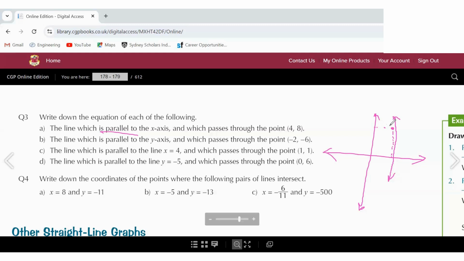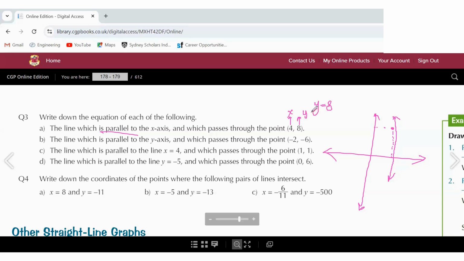Then it's 8. The 4 value is for x and the 8 value will be for y. So then what would be the equation? y equals 4, I mean, sorry, 8. y is equal to 8.